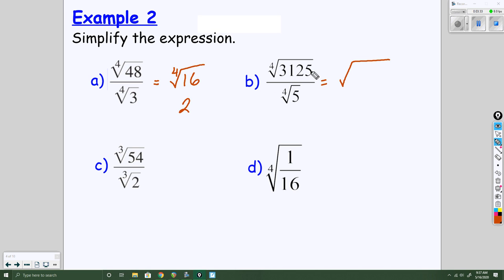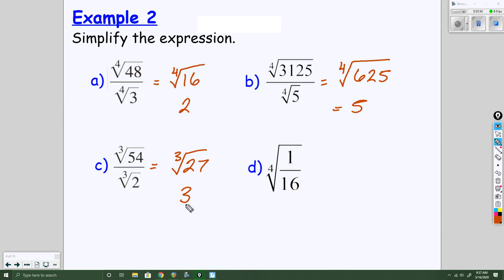So 3,125 divided by 5 is 625. So we have the fourth root of 625, which is just 5. In part C, 54 divided by 2 is the cubed root of 27 there, which once again is just 3.